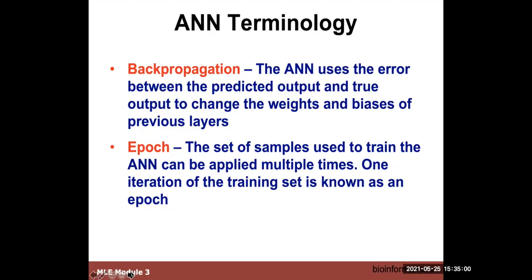You'll repeat it many times, and it's not unusual for a neural network to be trained over minutes, hours, or even days, where there are hundreds or thousands or hundreds of thousands of epochs that are calculated. So each iteration of training is an epoch.